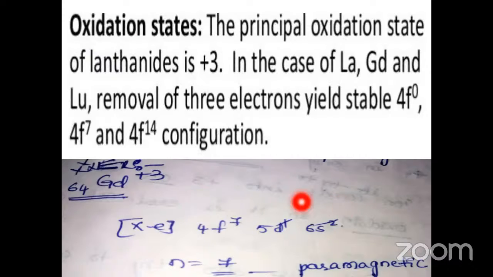When it loses 3 electrons from 5d1 6s2, it gets the +3 oxidation state with 4f7, which is a stable configuration because of half filled orbitals.